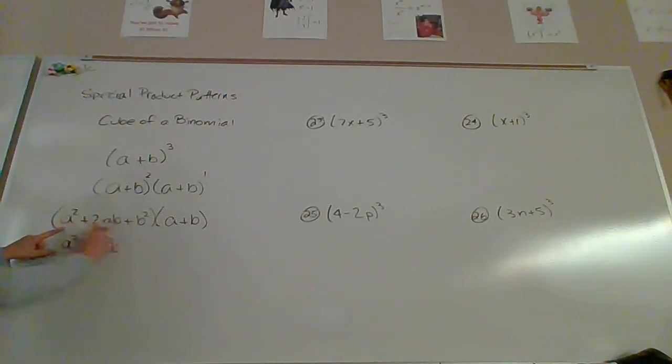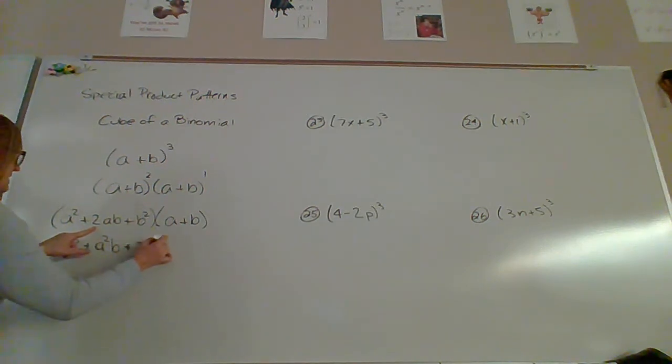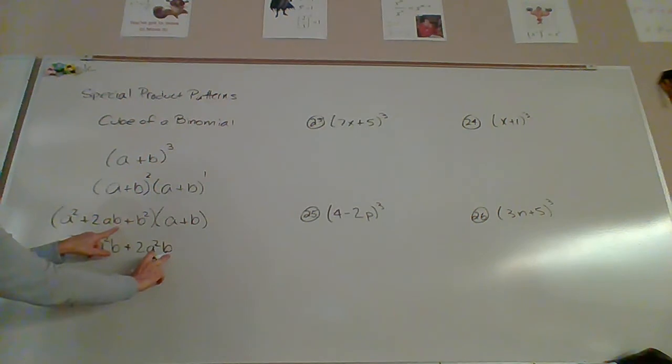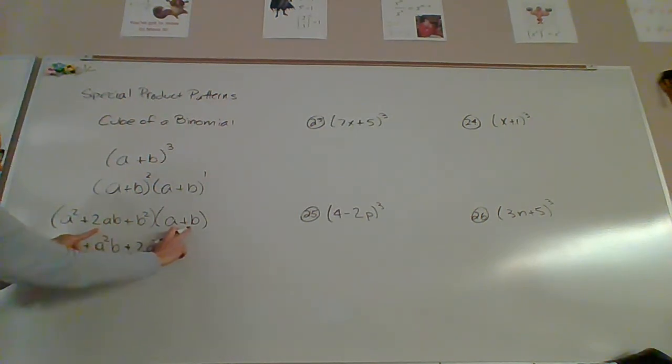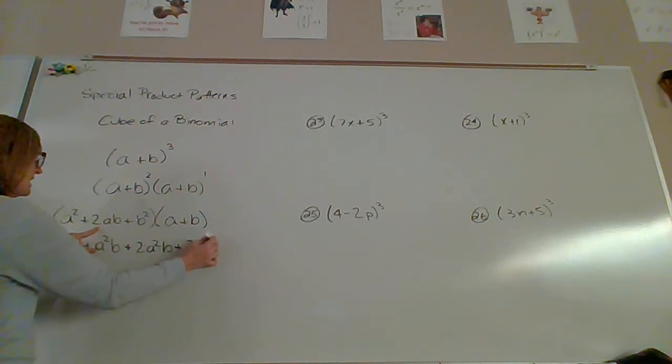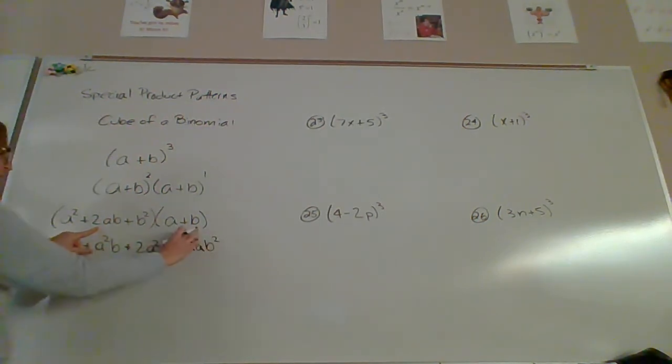All right, so we're done with a squared. Move on to 2ab. 2ab times a is going to give us plus 2a squared b. We're adding our exponents on the a's, the b just stays a b. Then we've got 2ab squared. This time we've got a 2 and an a, but then b times b gives us b squared.